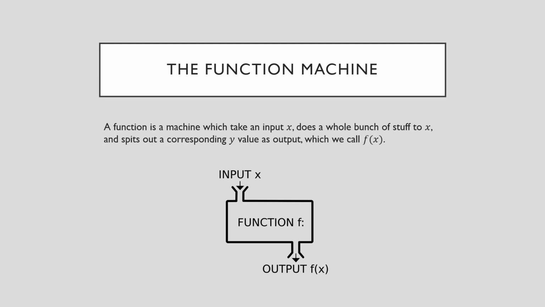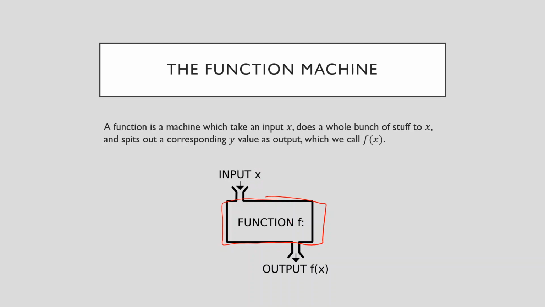Another way to talk about a function is to think of it like a machine. Here's our function. This machine accepts some kind of input. The input is the value of x.